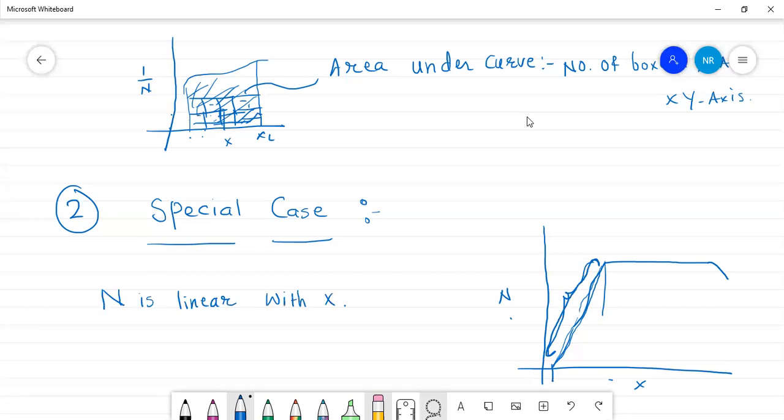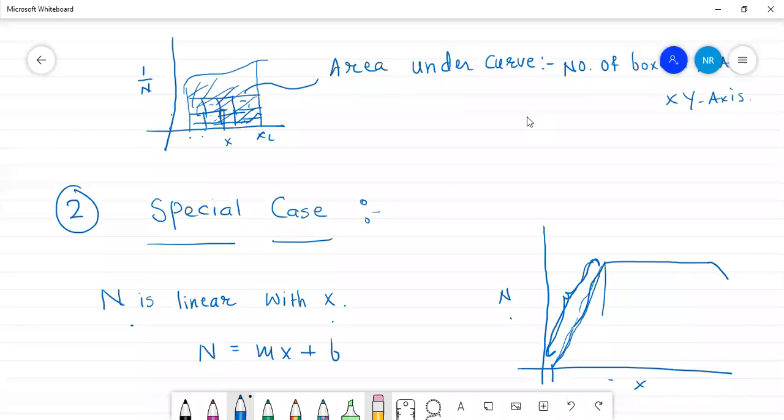This is a linear case. N is linear with X. If it is linear in nature, then it follows a straight line. To follow the straight line, N is equal to mX plus b.